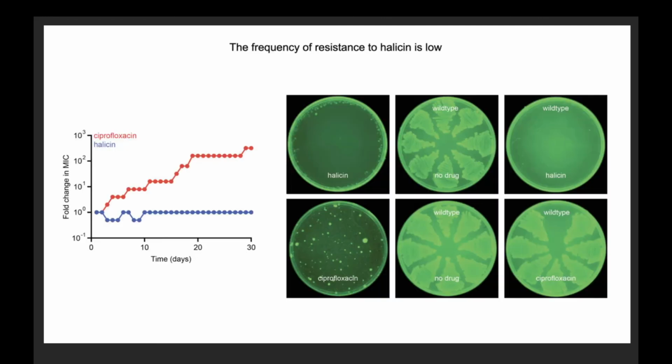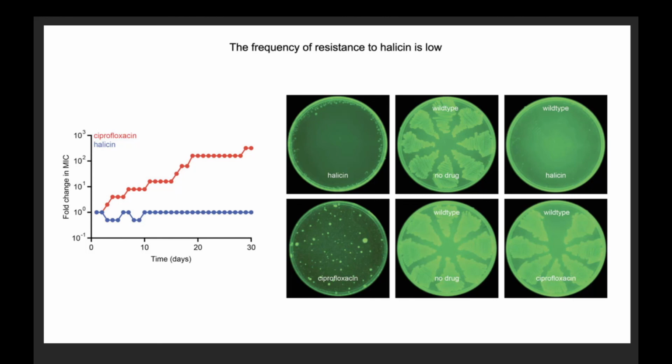So given that we observed excellent Halicin efficacy across a broad range of clinically problematic pathogens, we next ventured to understand the mechanism. So what we initially tried to do was to evolve spontaneous resistant strains of E. coli.